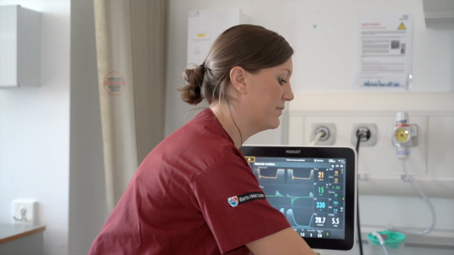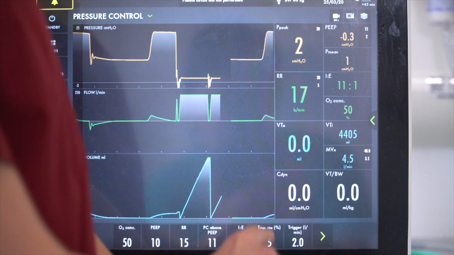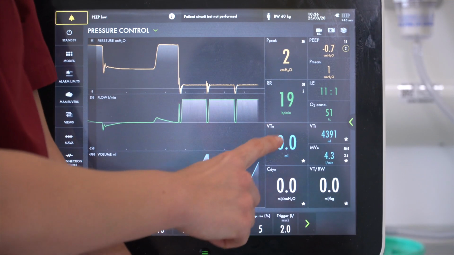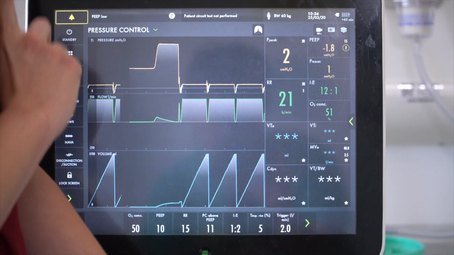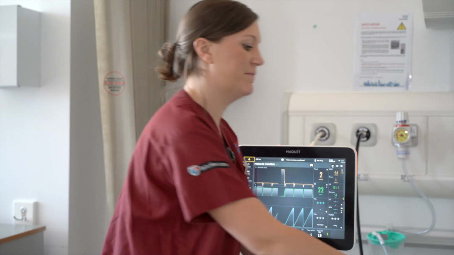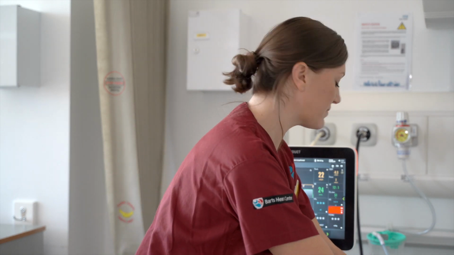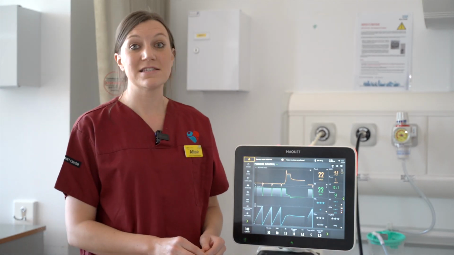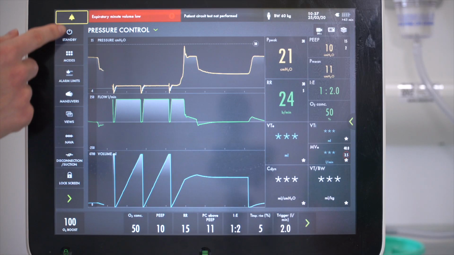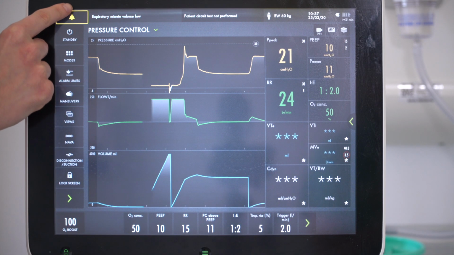For example, you'll now see that you've got a huge difference in your volumes, and the ventilator will alarm. To silence the alarm, you press the button at the top right-hand corner.